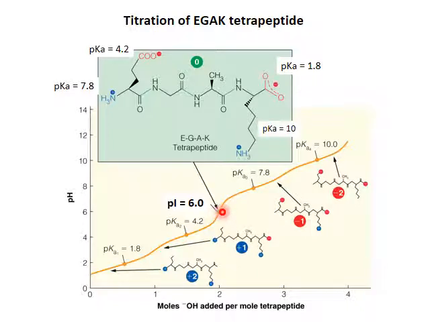Now we'll titrate which one? The N-terminus amino group. And when we titrate that away and we're at a third equivalence point, our amino terminus is neutral, and we just have the positive charge on the lysine side chain. And then when we completely titrate that away, our molecule has a -2 charge.